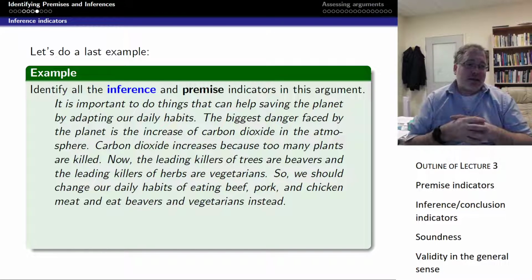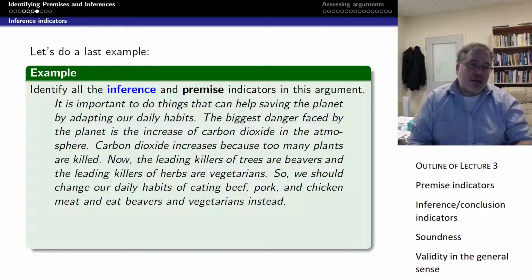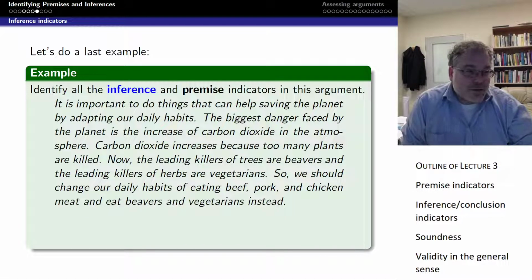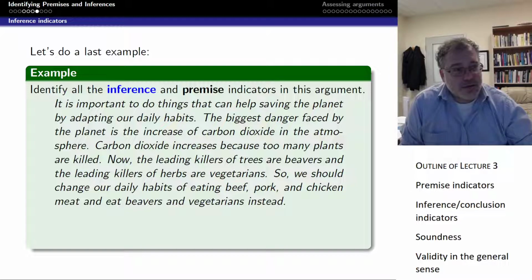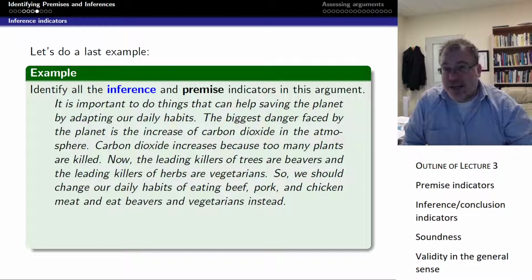Carbon dioxide increases because too many plants are killed. Now, the leading killers of trees are beavers, and the leading killers of herbs are vegetarians. So we should change our daily habits of eating beef, pork, and chicken meat and eat beavers and vegetarians instead.